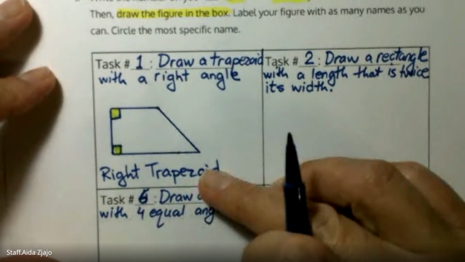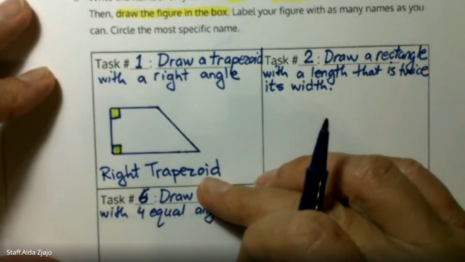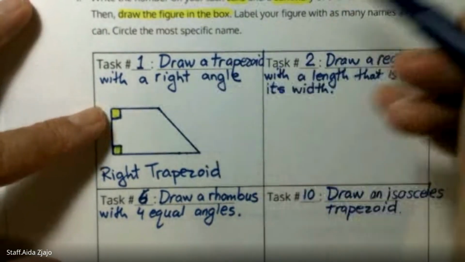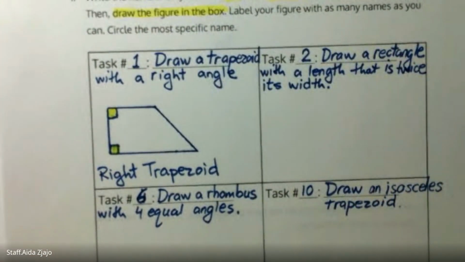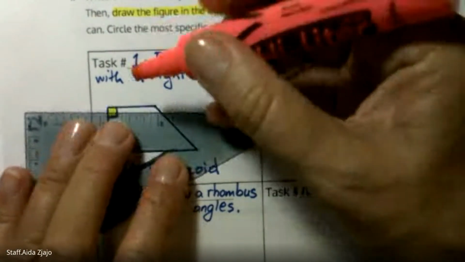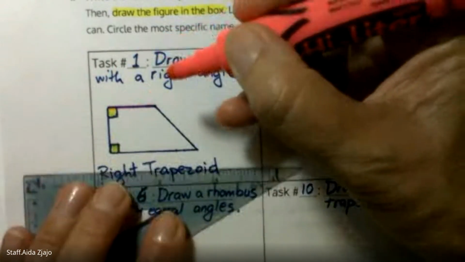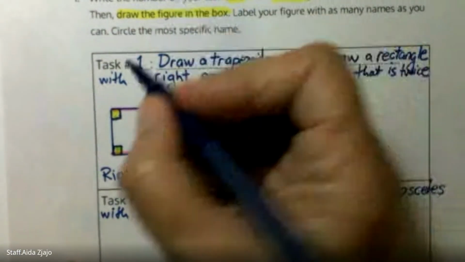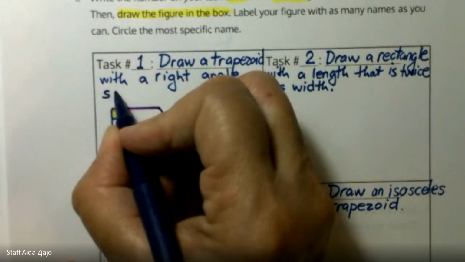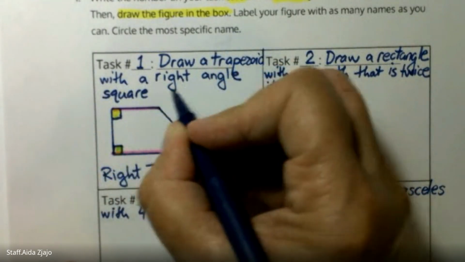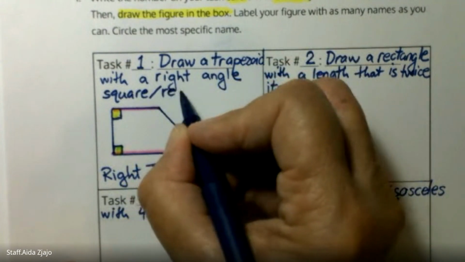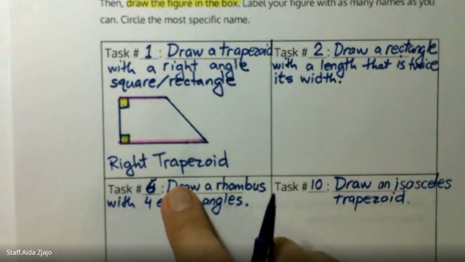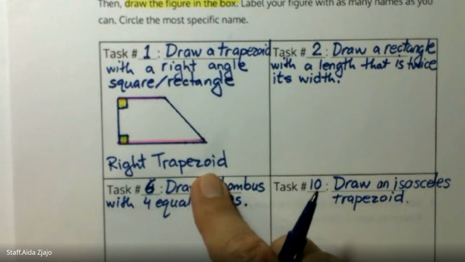But the real name is right trapezoid. The nickname applies because it has at least one pair of parallel sides, which are these. Squares and rectangles have two pairs of parallel sides, so this shape could also be a square or a rectangle, but the real name is right trapezoid.